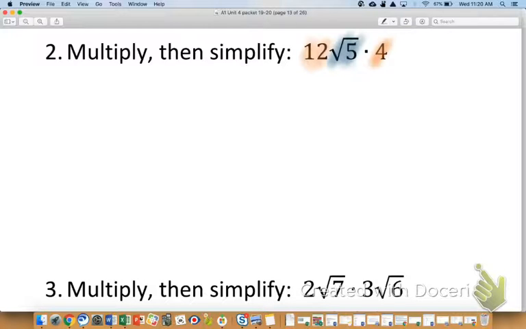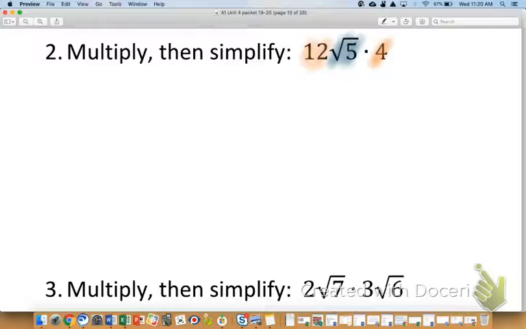So, I've tried to color code it for you. The 12 and the 4 are both non-radicals. They're both non-square roots. So those can be multiplied just like some 4th grader would multiply, right? They're not going to know what to do with the square root, but honestly, it's just 12 times 4. Please don't let that square root complicate things.